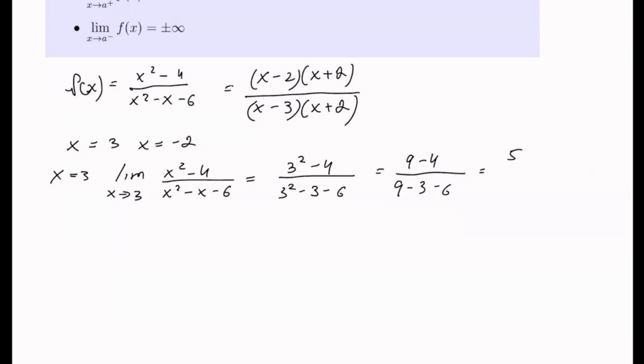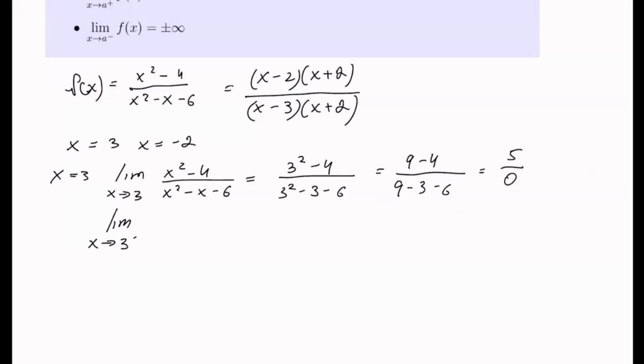That is going to be 5 over 0, right? So if this is the case, when you have a number that is divided by 0, this is where we have the vertical asymptote. So in this case, we need to look at the left side of 3 and the right side of 3.